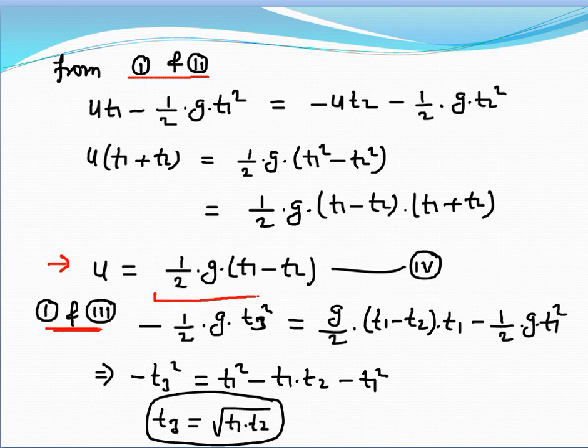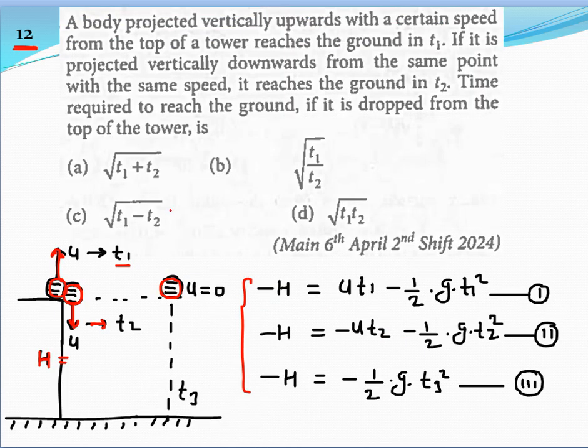Putting the value of u from here, t1 minus half g t1 square, the g by 2 gets cancelled from each and every part, so minus t3 square becomes equal to, just opening this bracket, t1 square minus t1 t2 minus t1 square. Cancelling these two, t1 square and t1 square, t3 becomes root under t1 and t2. So you can check option number D.